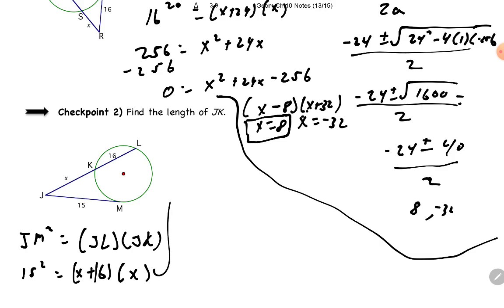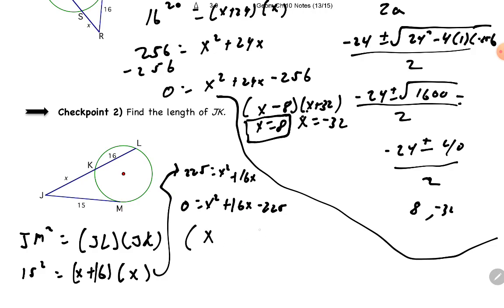So on the left, we'll get 225. On the right, we'll get x squared plus 16x. Okay, move them over to the other side, and we'll get 0 equals x squared plus 16x minus 225.